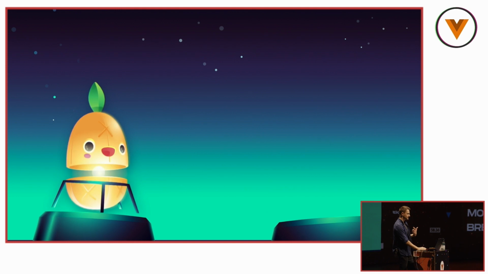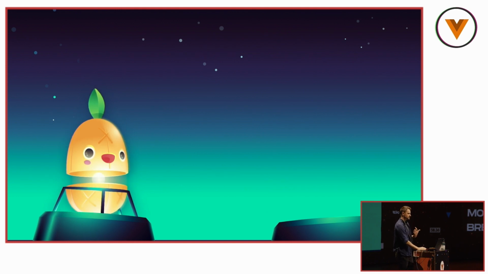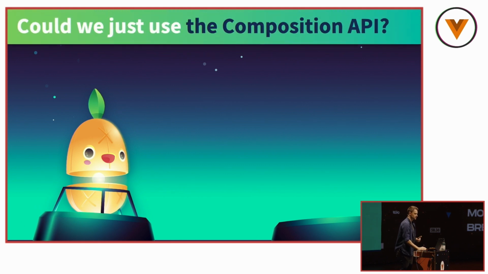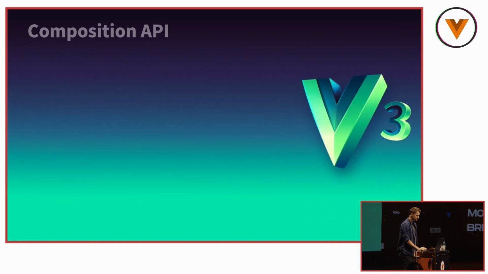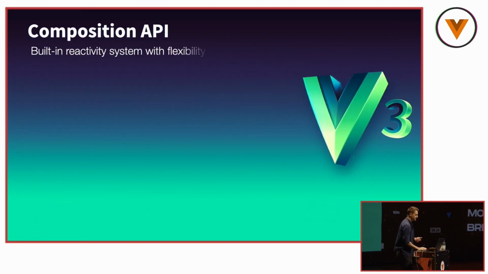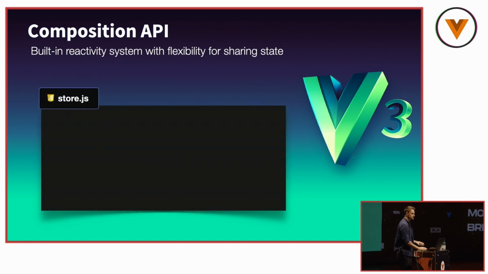Before we dive deeper into Pinia, let's get clear on why you'd want to use it in the first place, especially considering with Vue 3's composition API, we already have a built-in reactivity system that allows us to flexibly share state. So with just using the composition API, we could import reactive and create a store.